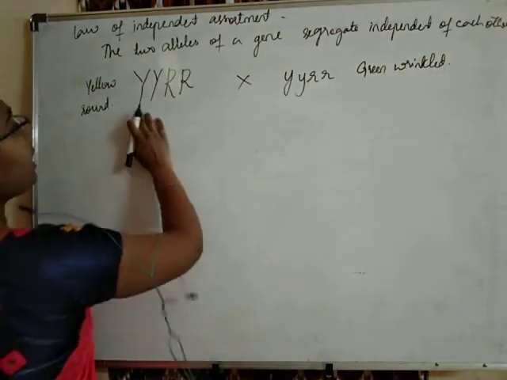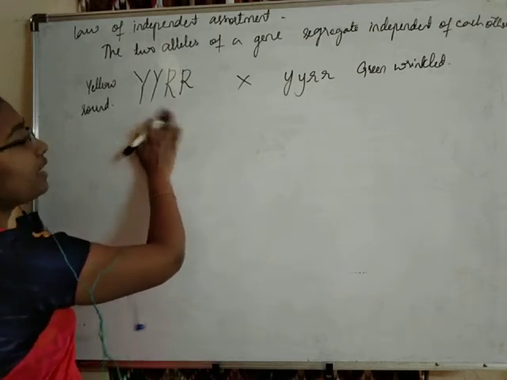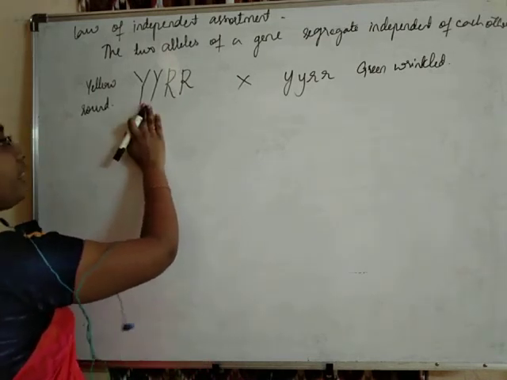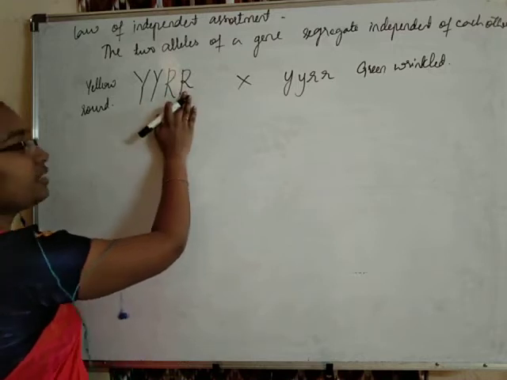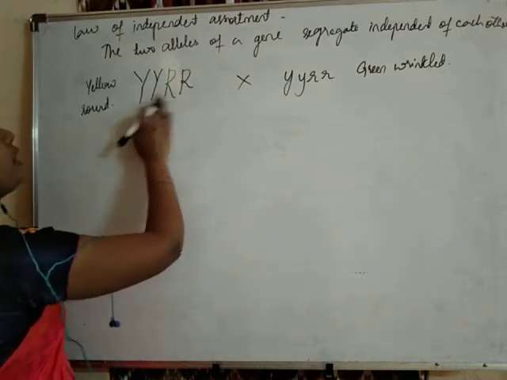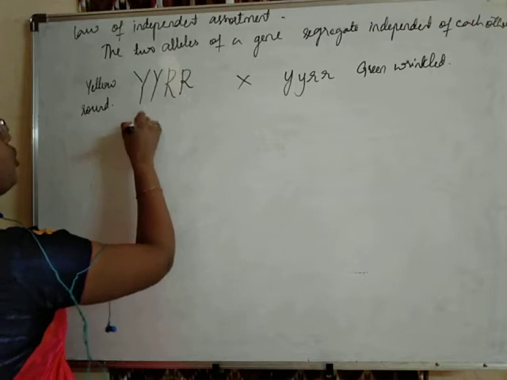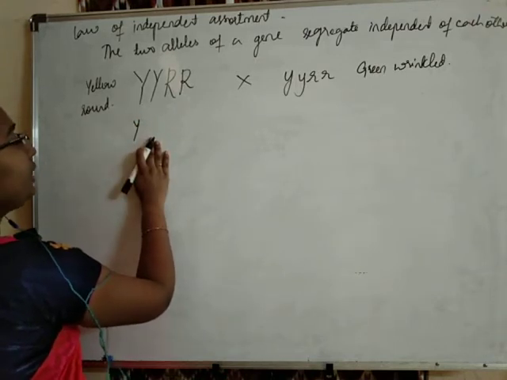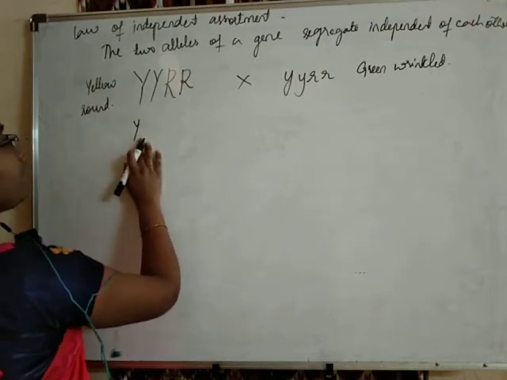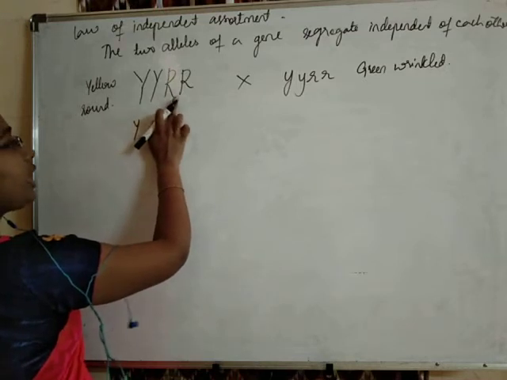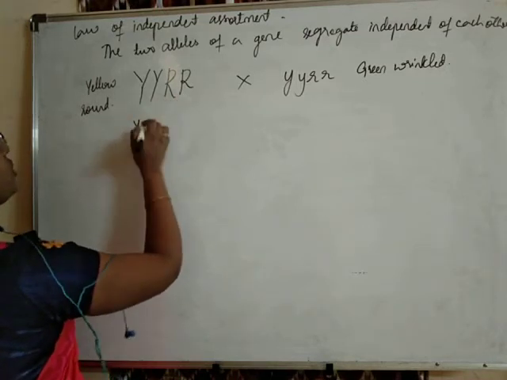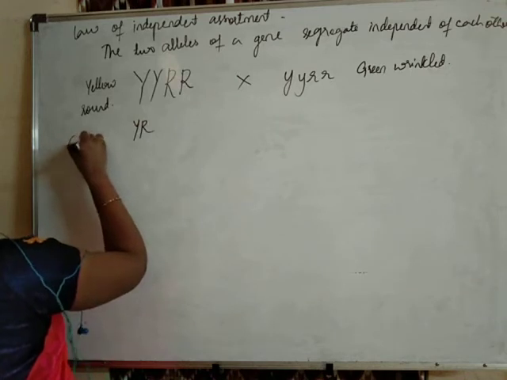Y indicates the seed color, R indicates the seed shape. Because the two alleles are the same, the gametes contain Y and R.